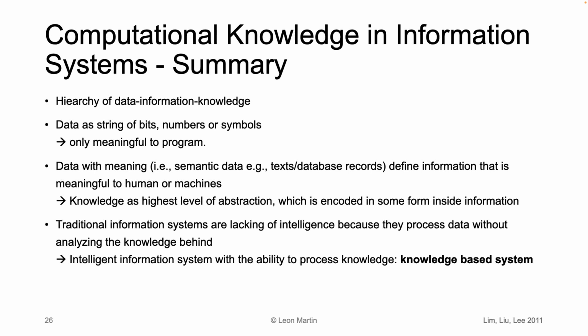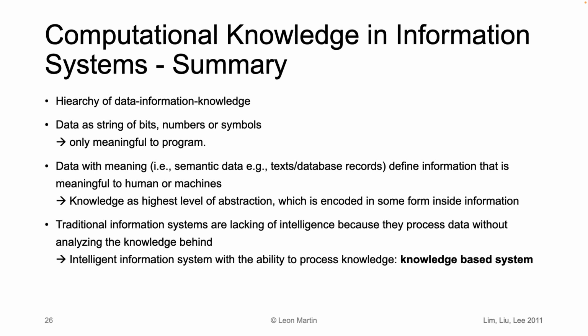The traditional information systems we talk about, like databases and stuff like that, lack those kinds of intelligence because they process the data without analyzing the knowledge behind that. They process the data without connecting it to a predefined concept class, and with that concept class connection, all the logical formalized rules that apply to that concept are also projected to the data.